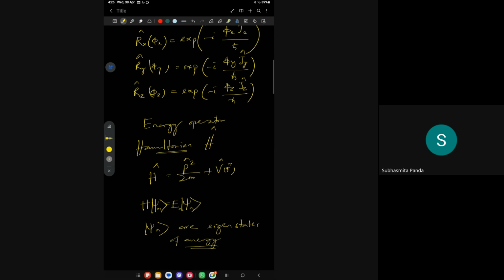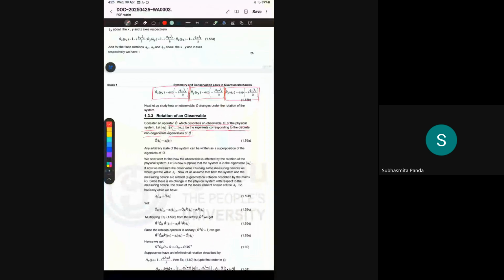So based on that, here it is telling that suppose you have an operator O which describes the observable O of the physical system, and phi 1, phi 2 up to phi n kets are the eigenkets corresponding to the discrete non-degenerate eigenvalues of O. So the equation they will satisfy is O phi i equals a i phi i, just like H psi equals E psi.